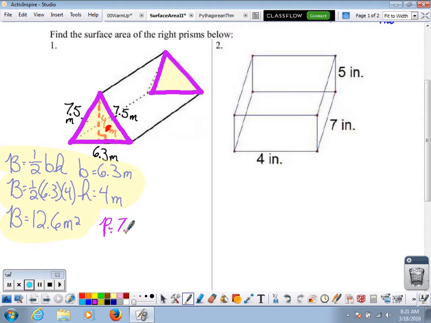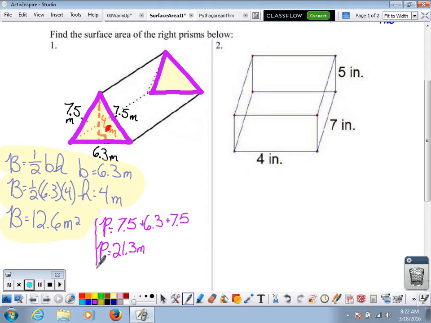7.5 plus 6.3. Triangle has 3 sides, though. Another 7.5. Good. Okay, now if we need a calculator, we can use one. But if we add those all together, Rachel, what's the perimeter of this triangle? 21.3 meters.